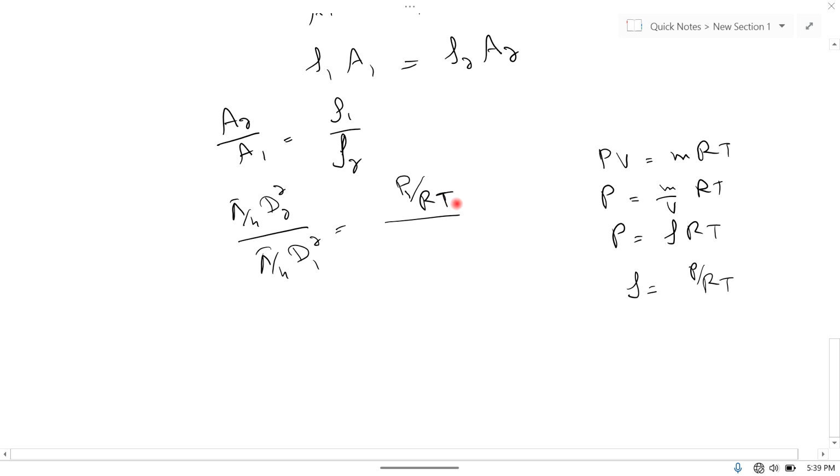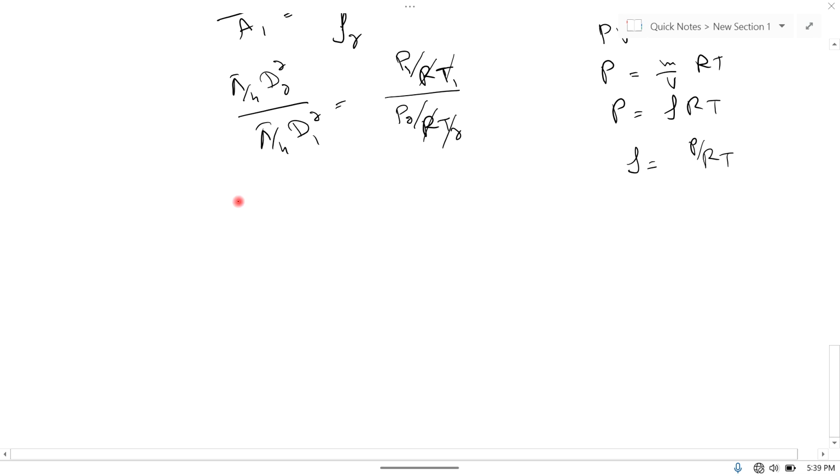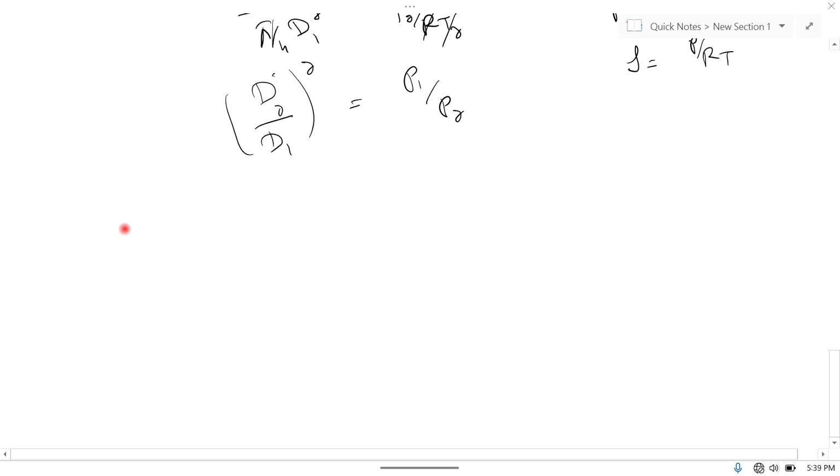But T1 is equal to T2, so R will be cancelled with R and T1 will be cancelled with T2, because both are the same, 20 degrees centigrade. And pi by 4 will be cancelled with pi by 4. So D2 divided by D1 whole square is equal to P1 divided by P2. Taking the square root on both sides, D2 divided by D1 is equal to the square root of P1 divided by P2.